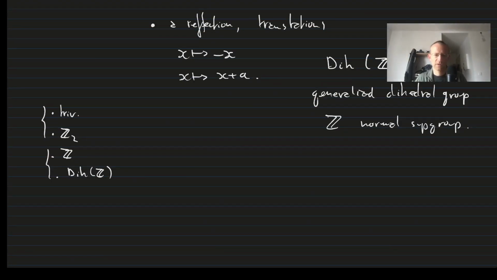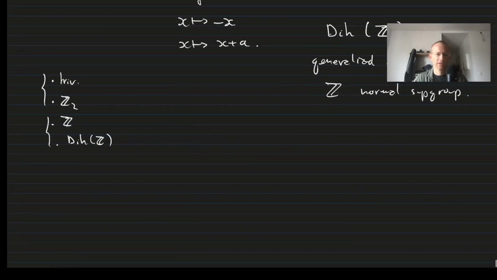So then we can ask, especially in these last 2 cases, what is the fundamental domain? We can also ask this in the first 2 cases. So the fundamental domain for a trivial group is just the whole line, the one-dimensional Euclidean space. Then we can take half of it if we have reflections, all the positive numbers.